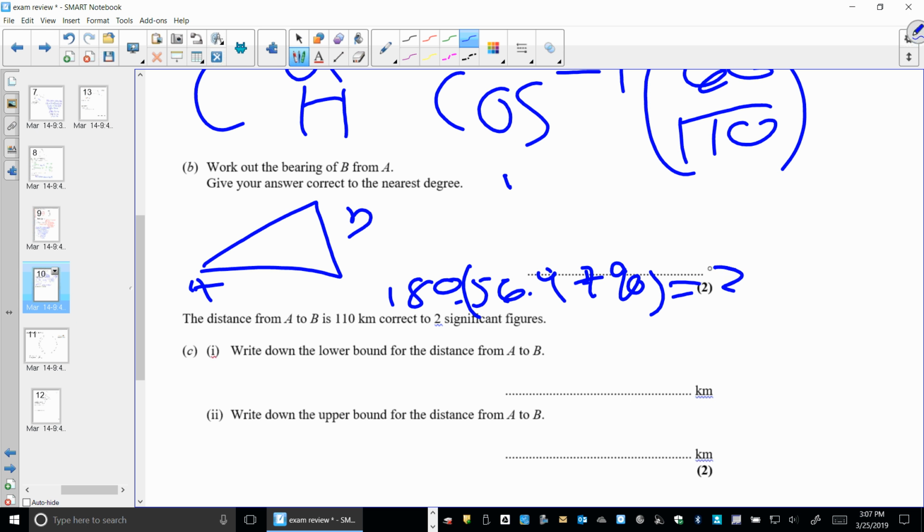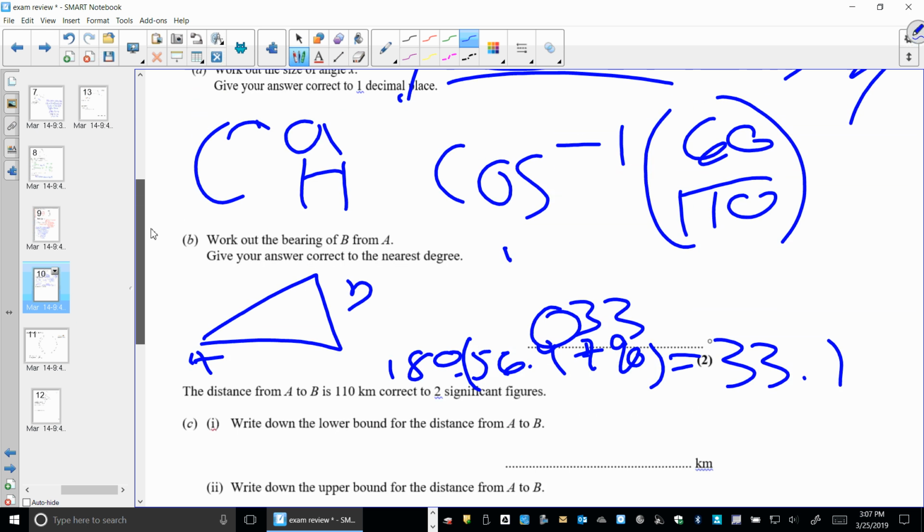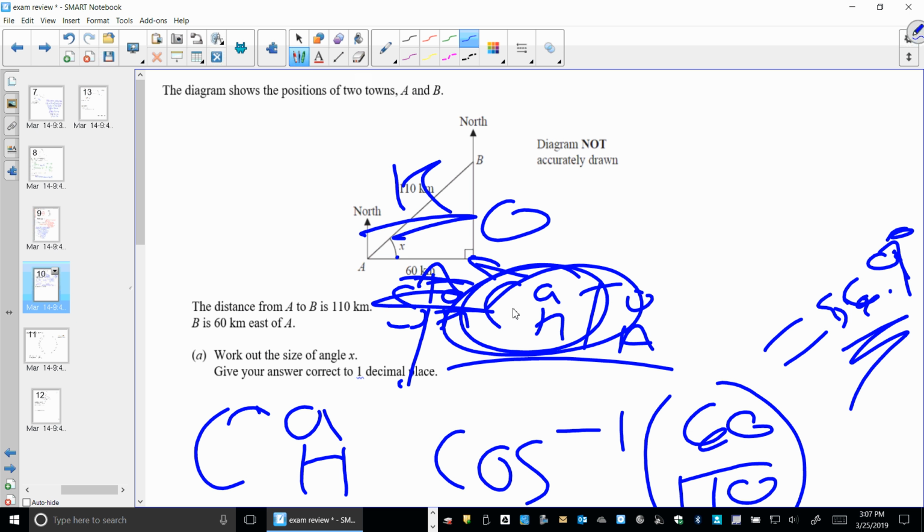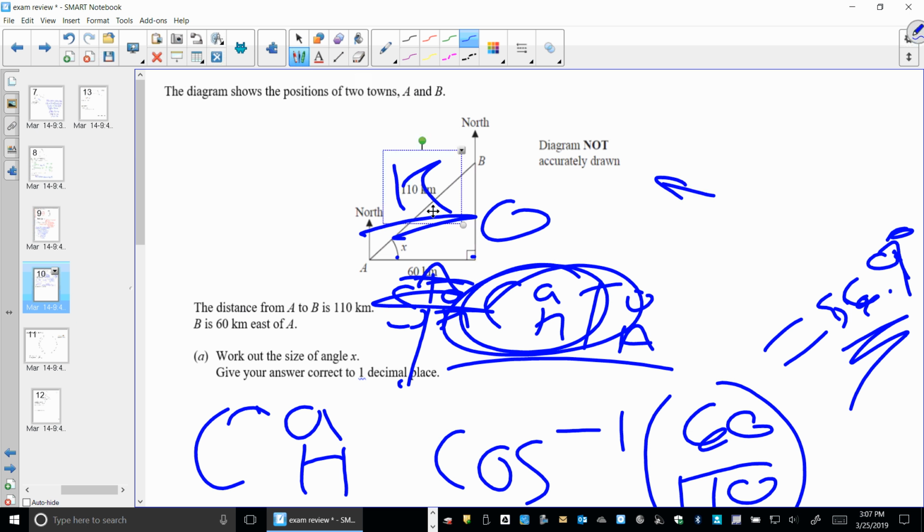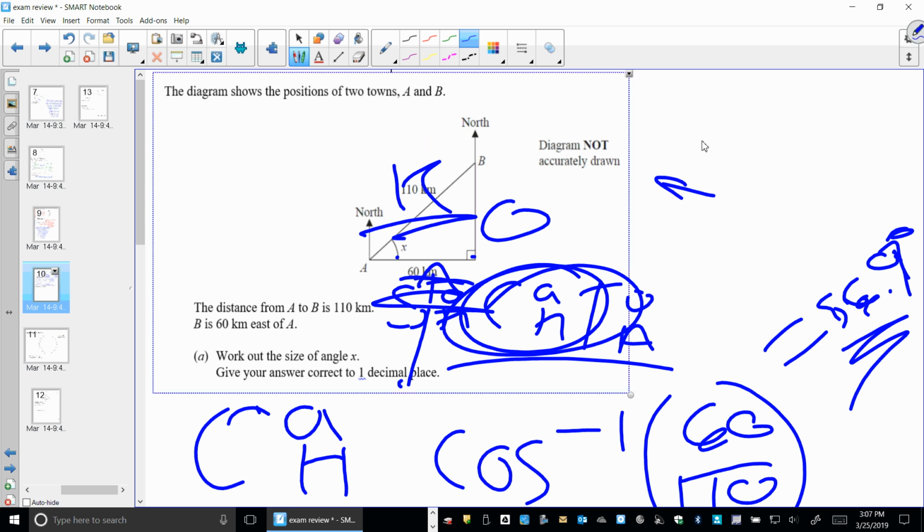Which equals 33.1. Darling, did you check that these are correct? Yeah, I did. Well, 33 is not a bearing. Okay. 36.9, 300. All right. May I possibly just get rid of all of this stuff? I wrote it down. No, I'm not saying this is wrong. It's just a right mess. Drew a triangle.